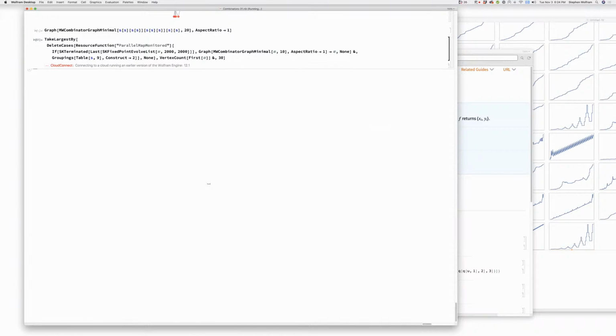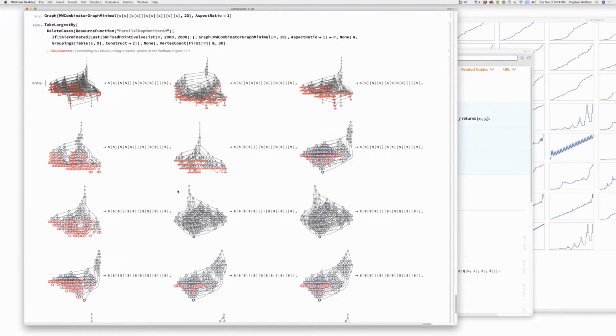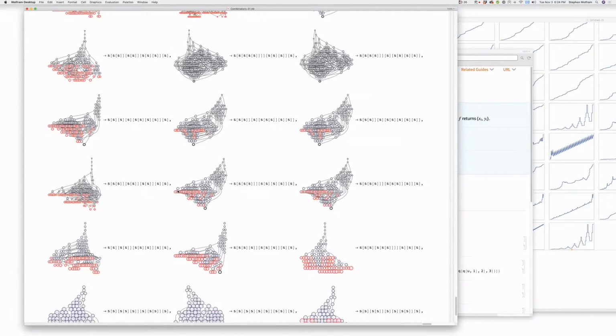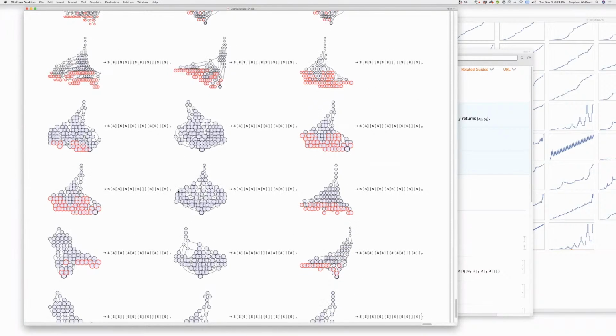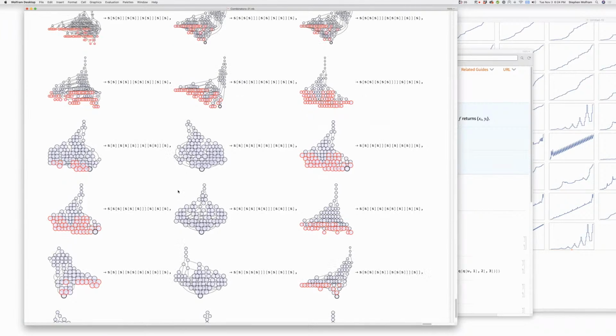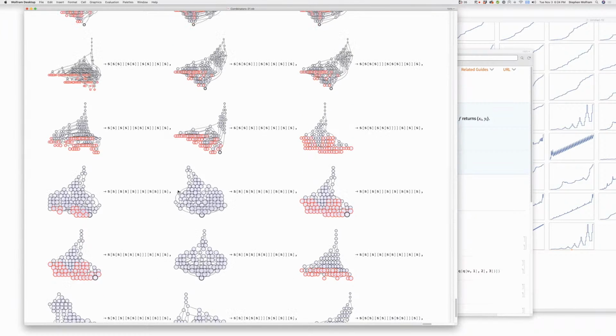Almost time for me to go get my dinner here. Okay, so here are a bunch which are terminating. So these are ones which get quite big but do terminate. And you see, I'm on a hunt for one that basically has a termination, but also has a path that doesn't terminate.